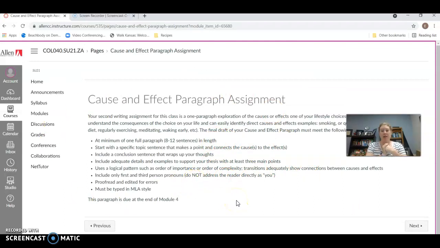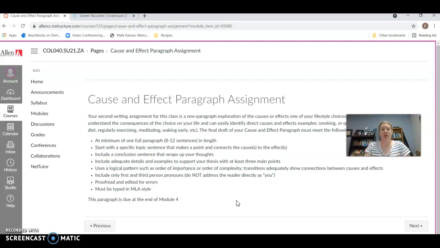The cause and effect paragraph is the same one you saw in Module 3. The first thing you want to do is make sure you go back and read over my comments on the journal that you did, the pre-writing journal.